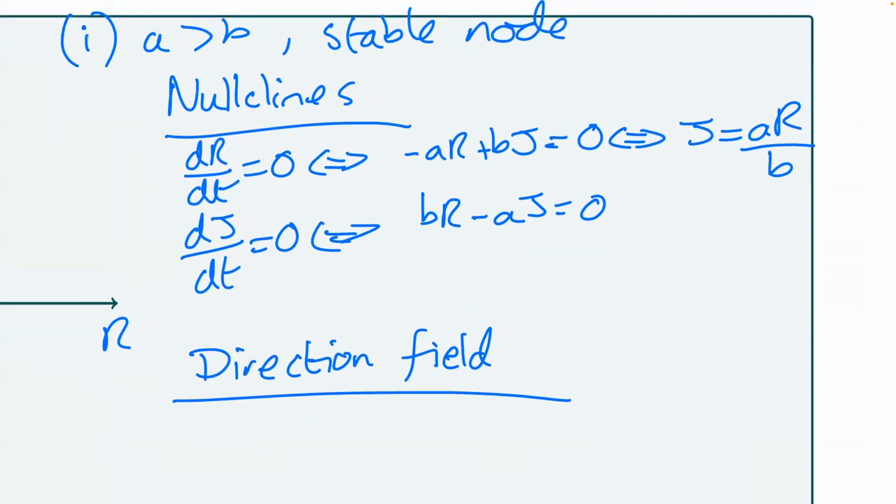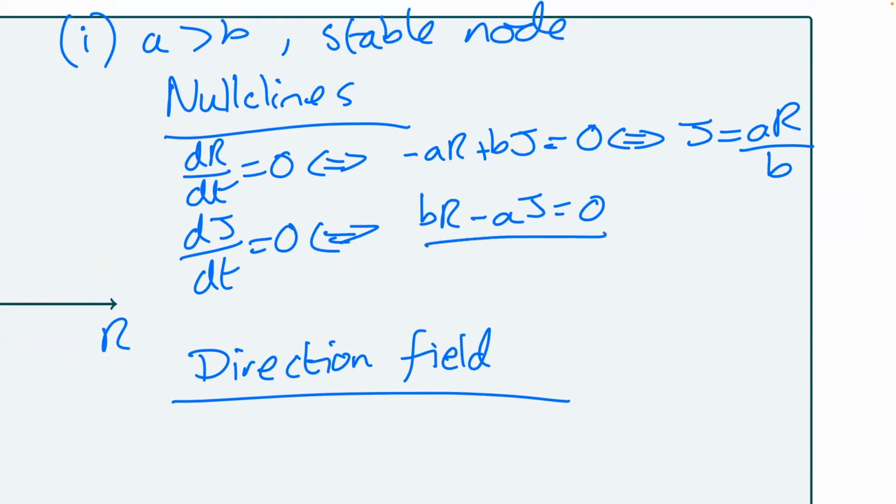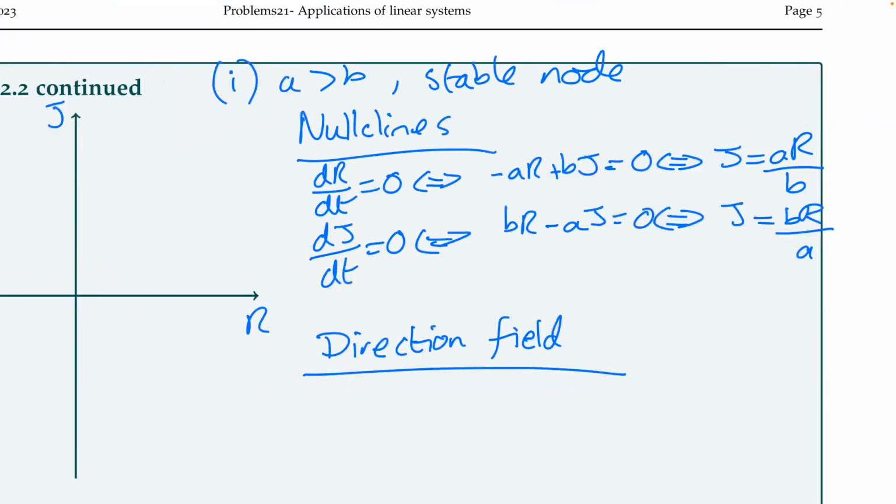Okay, so here we've got BR minus AJ is equal to 0. Again, I'm going to rearrange this in terms of J's. I'm going to have J is equal to BR over A. Okay, so these are just two straight lines. Let's do this one in pink, and I'll do this one in green.